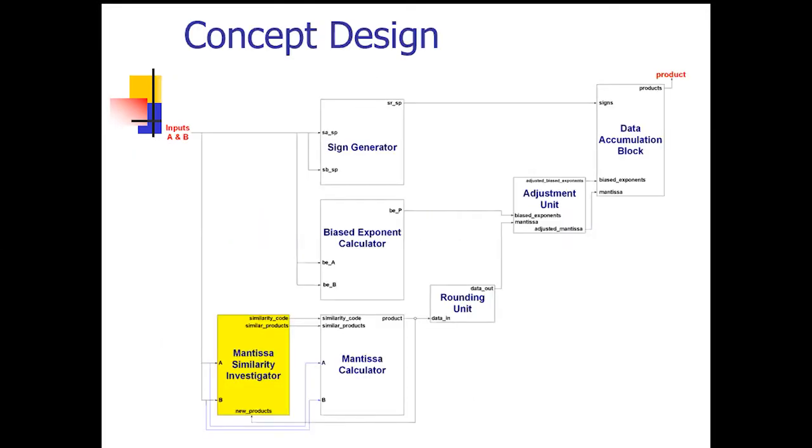So the concept design would have the sign generator, the bias exponent calculator, and the mantissa calculator at the bottom here. Then we interface the MSI unit to the mantissa calculator, which results in a significant reduction in path delay, followed by the rounding units, adjustment units, and then the data accumulation. So that's the concept design.